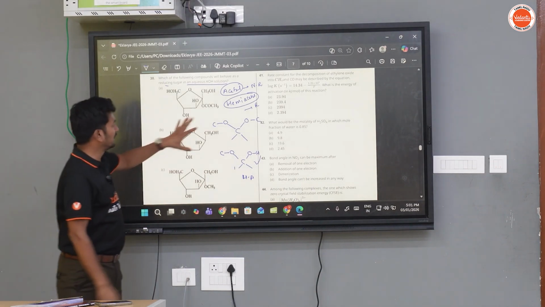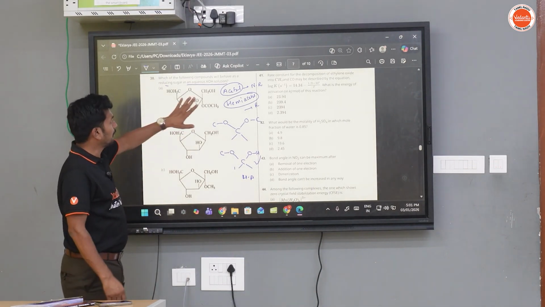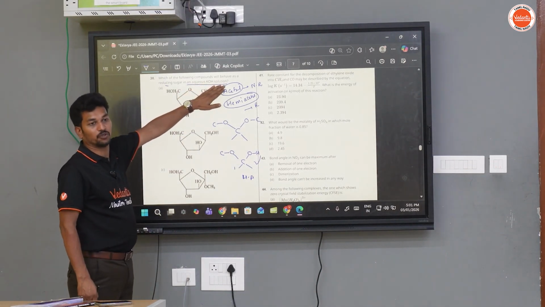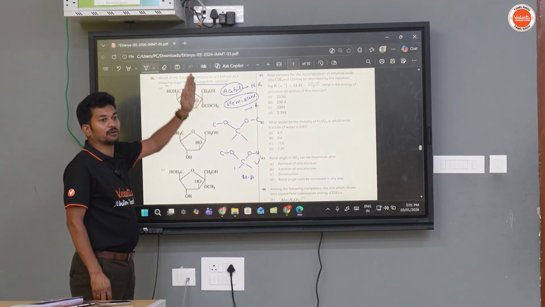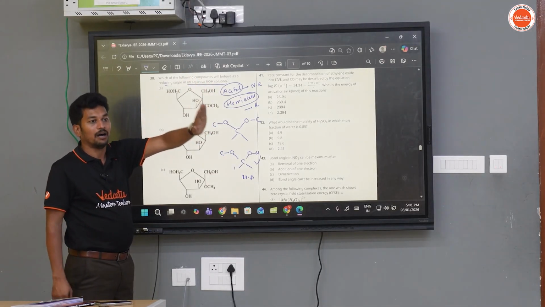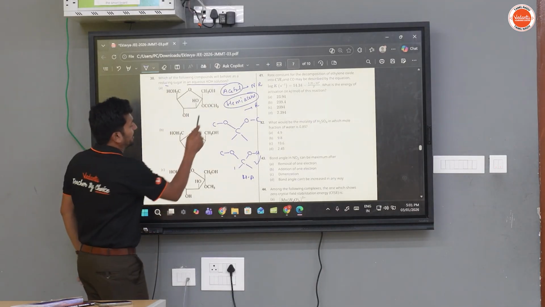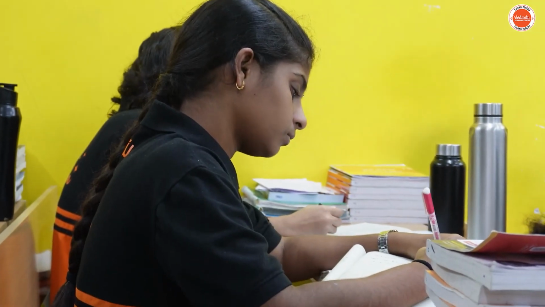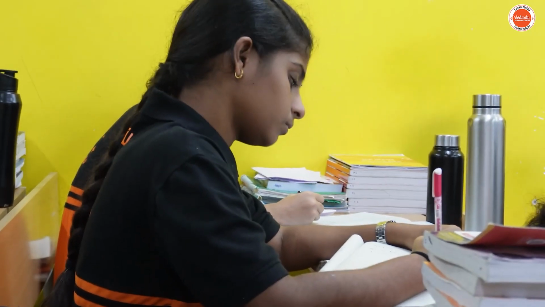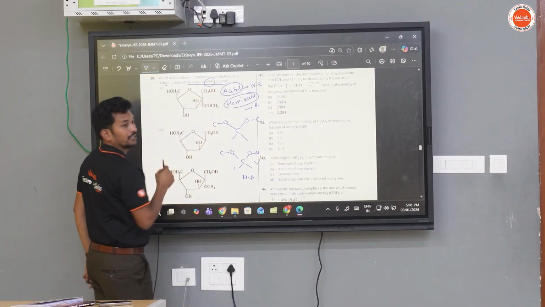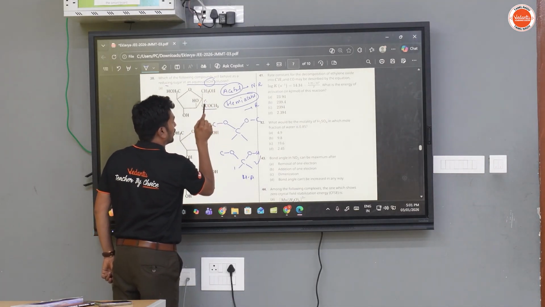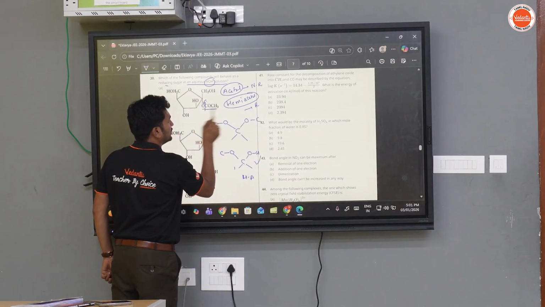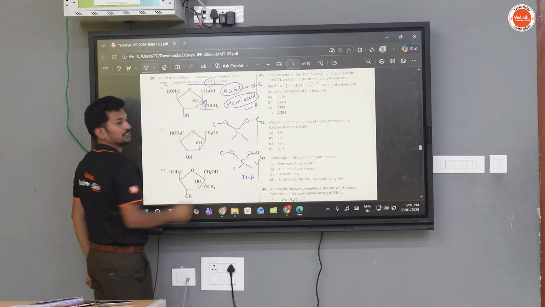Okay? Now identify in which case. Normally, when the question is asked in KOH solution, it means that in the presence of KOH, if an ester is there, it will undergo hydrolysis to give alcohol. So that is the point here. If this question is asked directly without KOH, this is also not a reducing sugar. But if the question is asked in the presence of KOH, this OCOCH3 would become OH and the carboxylate.